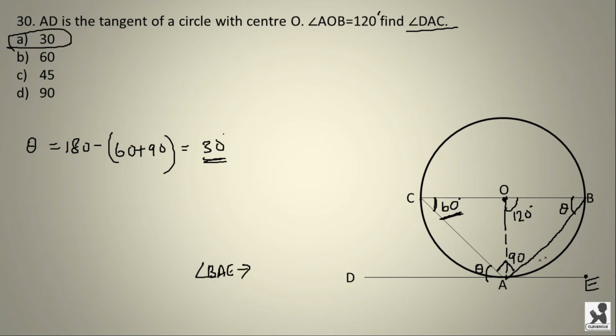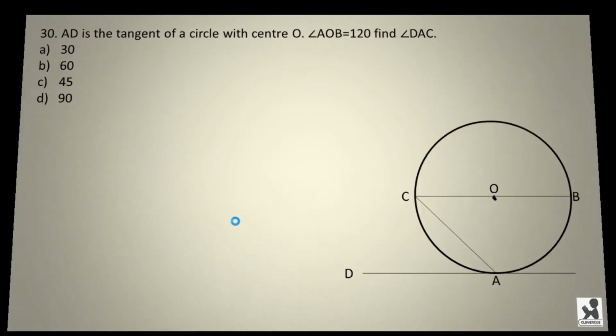Let us mark this point as E. This is also according to the alternate segment theorem. If this angle is alpha, then angle ACB is also alpha. Angle ABC is given as 60 degrees, so angle BAE is also 60 degrees. Hope you understood this alternate segment theorem. Moving to the next question.